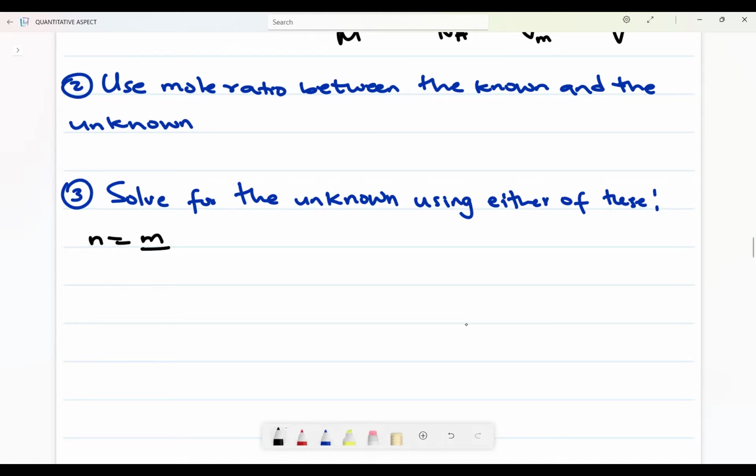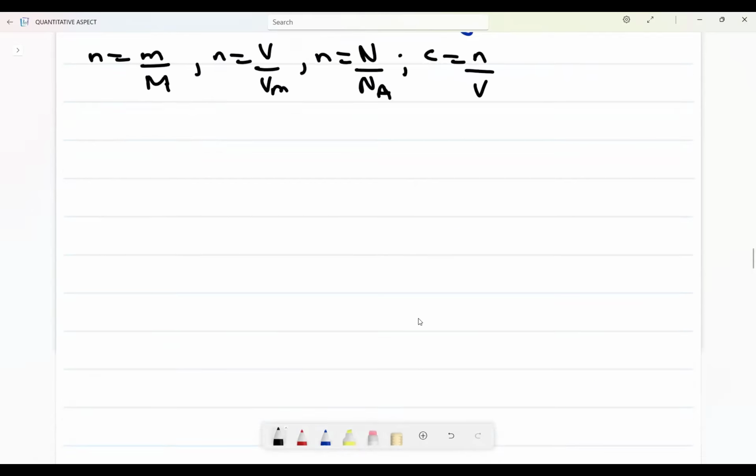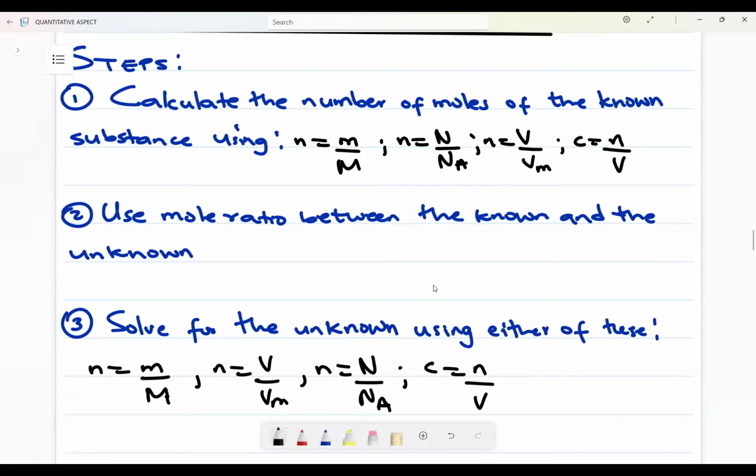N is equal to mass divided by molar mass. N is equal to V divided by molar volume. N is equal to number of particles divided by Avogadro's constant. Or using the last formula that says C is equal to N divided by V. So these are the three steps that we need to follow.